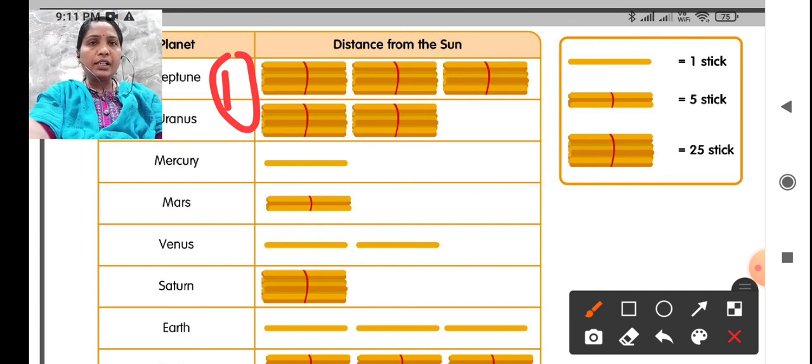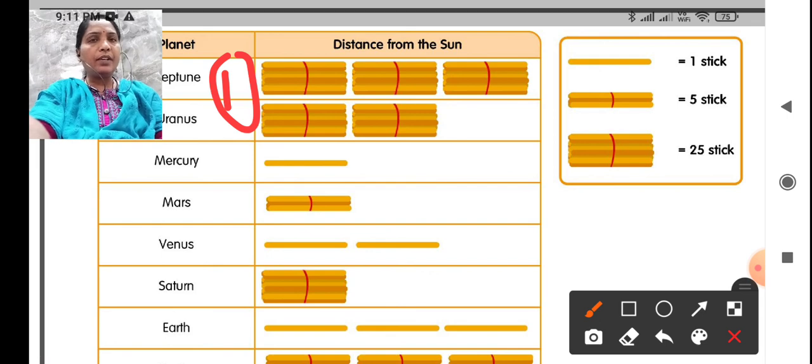In front of Neptune, how many sticks are given? We'll find out now. The bunch is very thick. That means it has 25 sticks in the first bunch, and the next bunch also has 25 sticks, and like this 3 bunches are there.